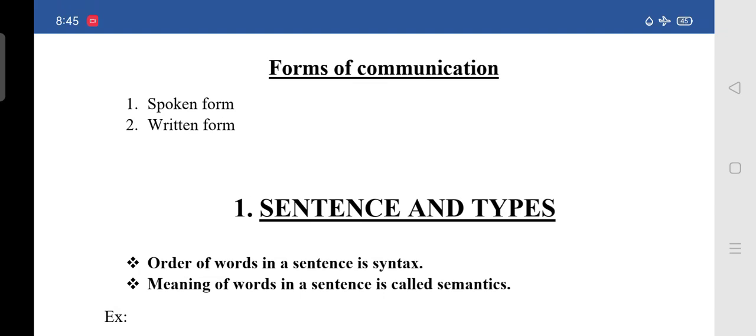Whereas if you talk on a phone, it comes under spoken form. So these are the forms of communication. I told you how many letters there are? 26 letters and 44 sounds. Out of 44 sounds, vowel sounds are 20 and consonant sounds are 24.